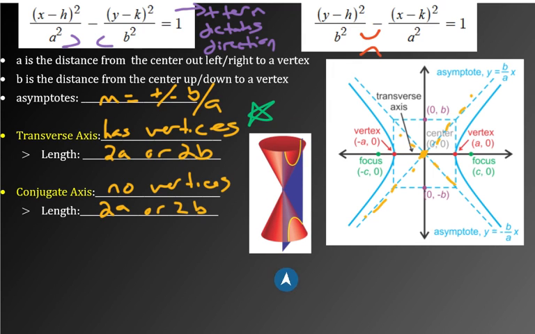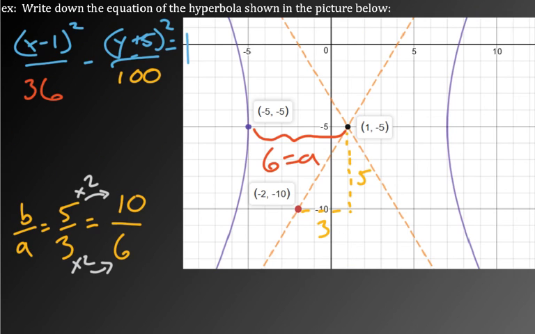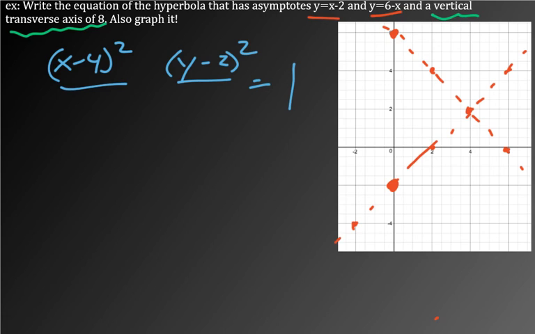It's one of the open up and down ones. So that means the y term is the thing that's positive, okay? And since it's an open up one, the transverse axis is going to help me get B. So I basically know that 2B is 8, and so I know B is 4.